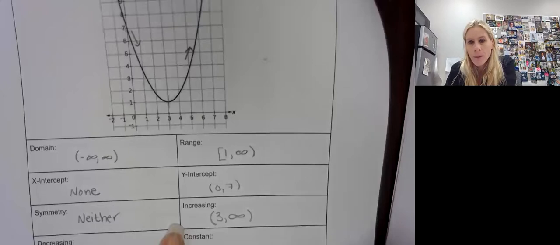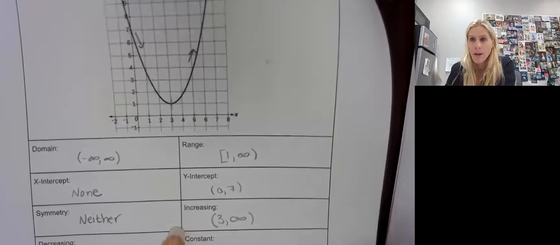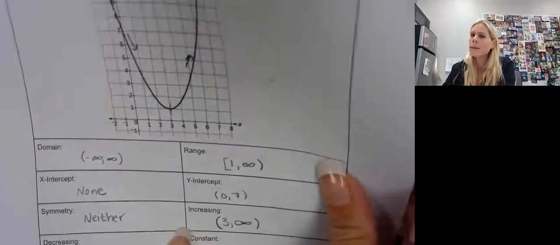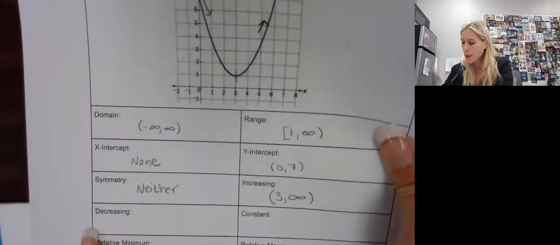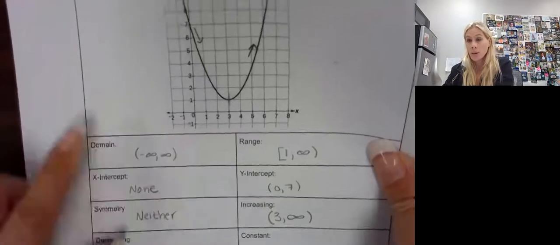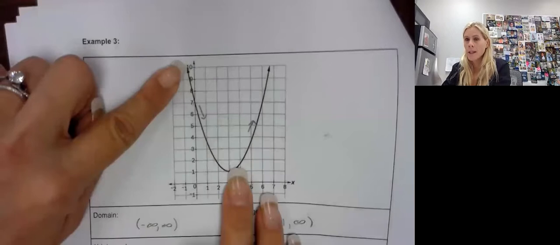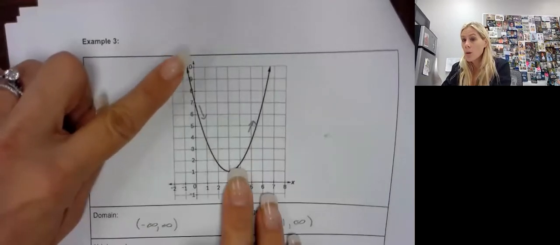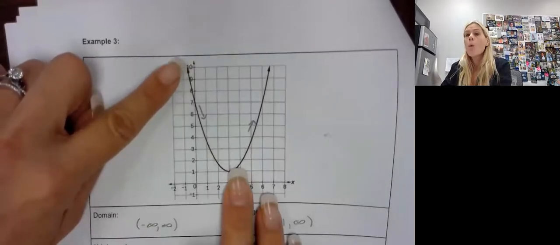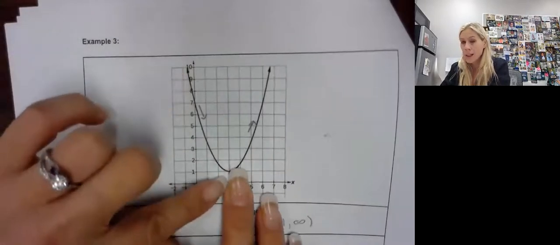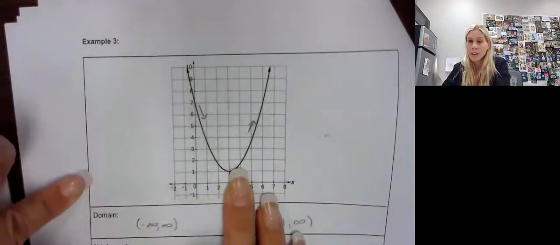98% of the time, you will use increasing, decreasing, and constant with parentheses. If it starts or ends with no arrows, right? Then you have to determine if it's a bracket or not. Okay, decreasing. Now, tricky part, right? This is our decreasing right here. Even though this arrow is going up on the left side, we're looking at the left. So the x value is to the left.